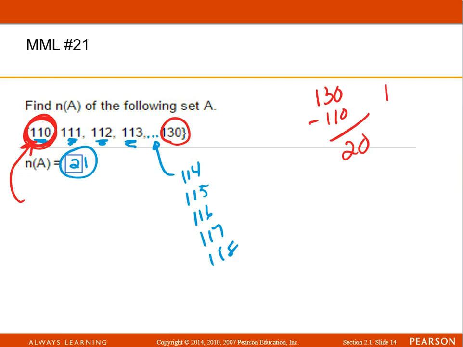What you'd have to do is take 130 and subtract the first 109 numbers that are before 110. And that's where you get 21. Or you can sit here with your fingers and count 110, 111, 112, 113, 114, 115, count them to 130. There's 21 of them. So it's 21. That's the easiest way to work that one.